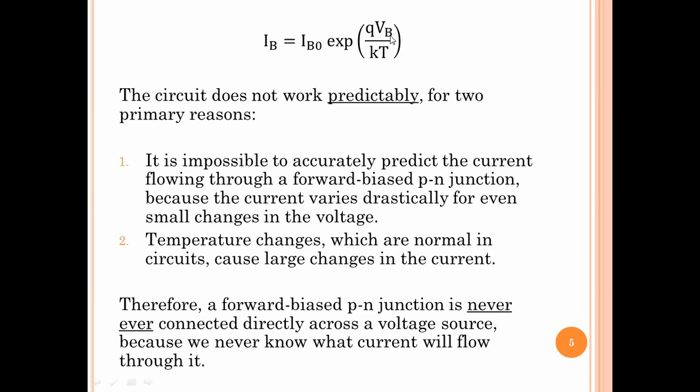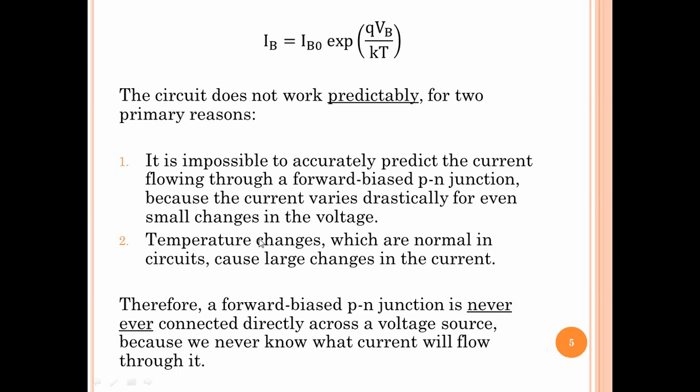So it is a fundamental property of diodes that the current in the circuit is not predictable accurately if a well-defined voltage is applied across the diode. And there are two reasons why this is. One is because the current changes drastically because of the exponential voltage dependence.